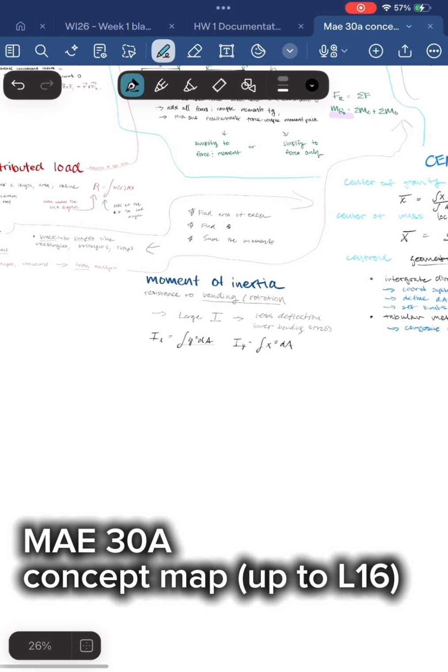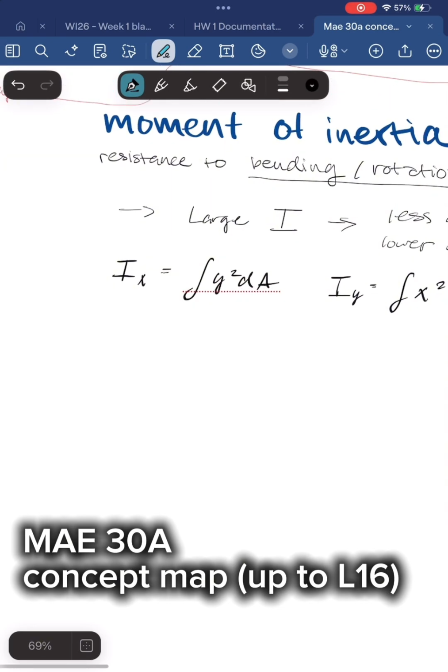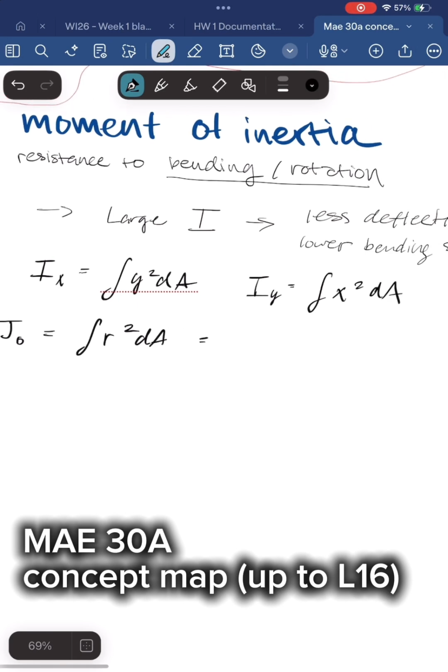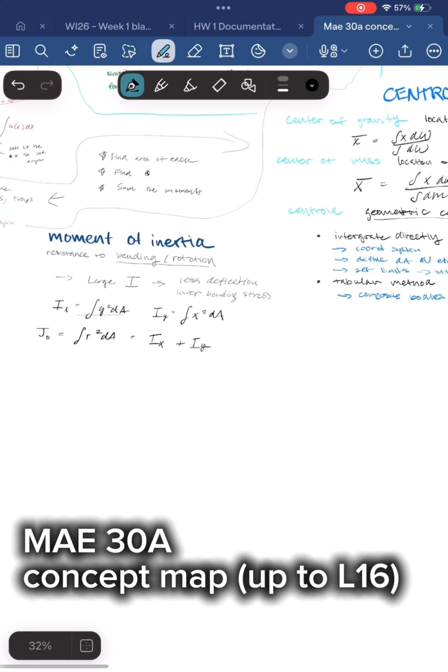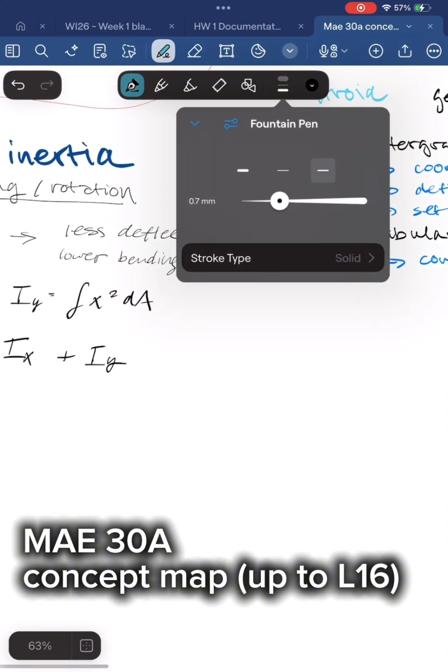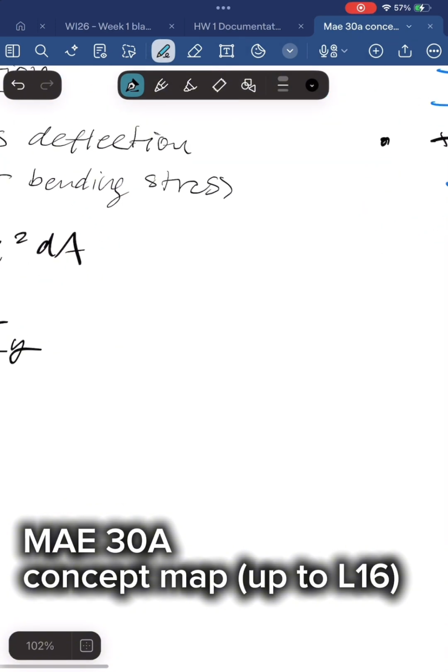And then we also have J_O is equal to the integral of r squared dA, which is equal to I_x plus I_y.